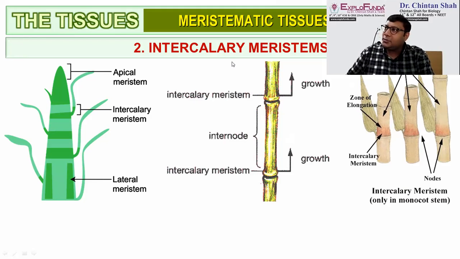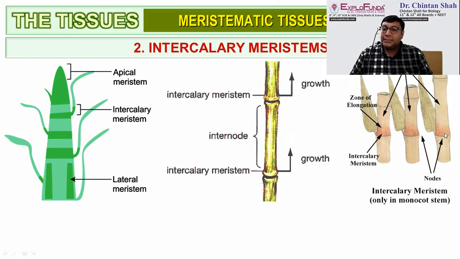But why is it so? What is the difference between the permanent tissue and meristematic tissue? Okay, so permanent tissue does not have the capacity for cell division. So these are the internodes. As you can see, the distance between the two nodes is very less in the first diagram here. But now the distance between the two nodes is increasing, as you can see. So this is the work of the intercalary meristematic tissue.